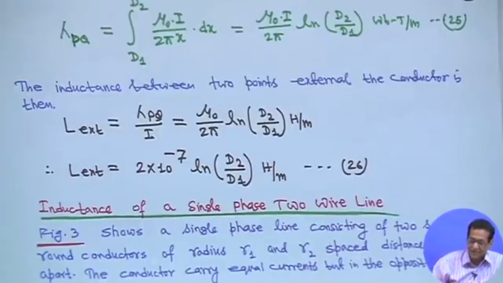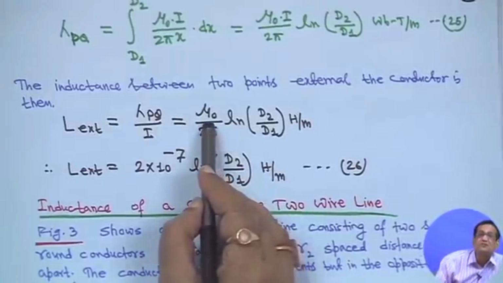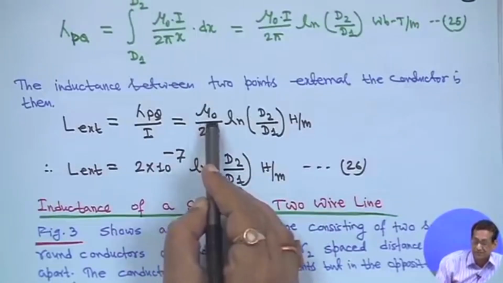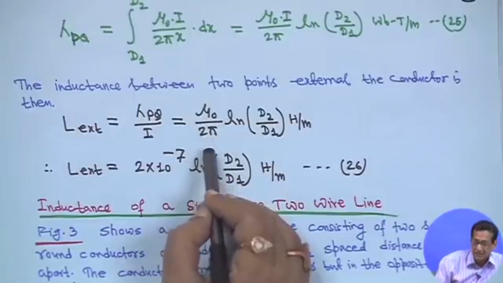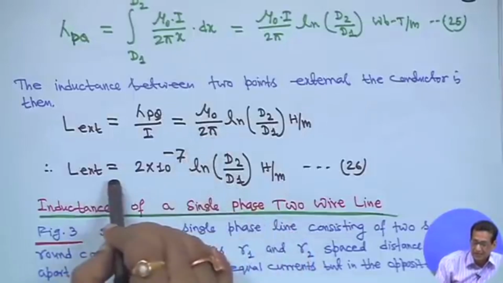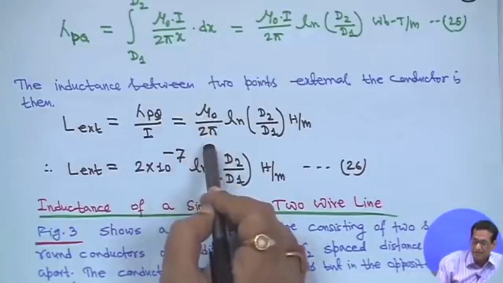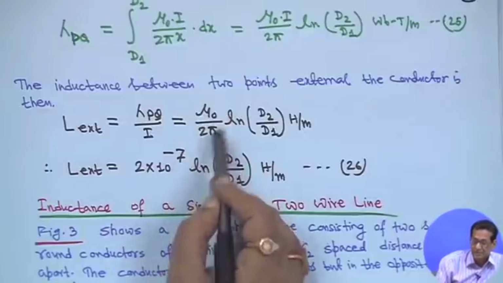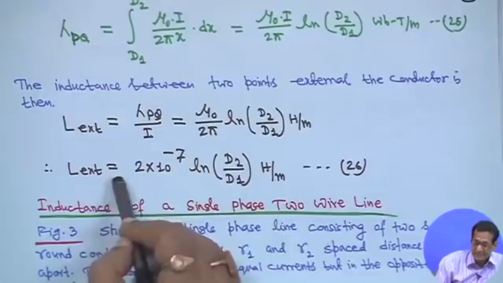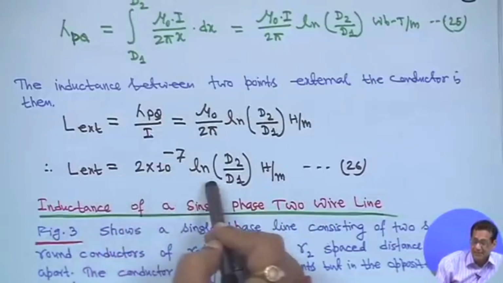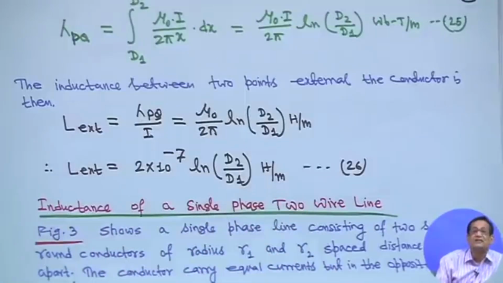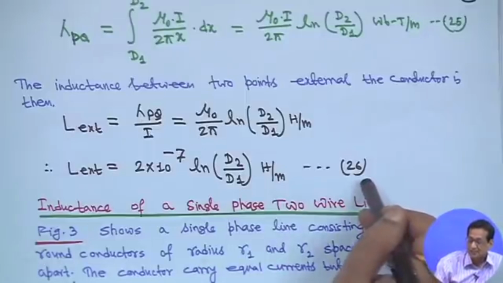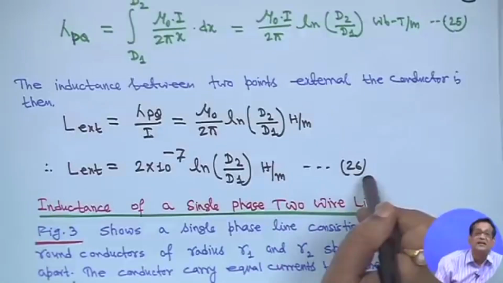And if you substitute mu 0 is equal to 4 pi into 10 to the power minus 7 Henry per meter, then the 2 pi will be cancelled. So, ultimately L external will be 2 into 10 to the power minus 7 ln d2 upon d1 Henry per meter. This is your equation 26.